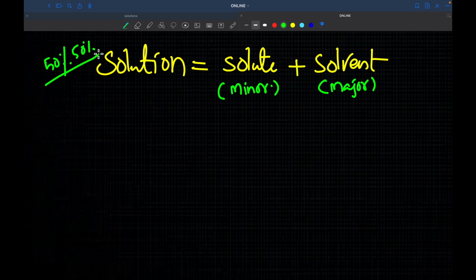In that case you have a choice of considering it either way: one becomes solute, another becomes solvent. You don't have to worry in this case. But whenever water is taken, water is considered the universal solvent.